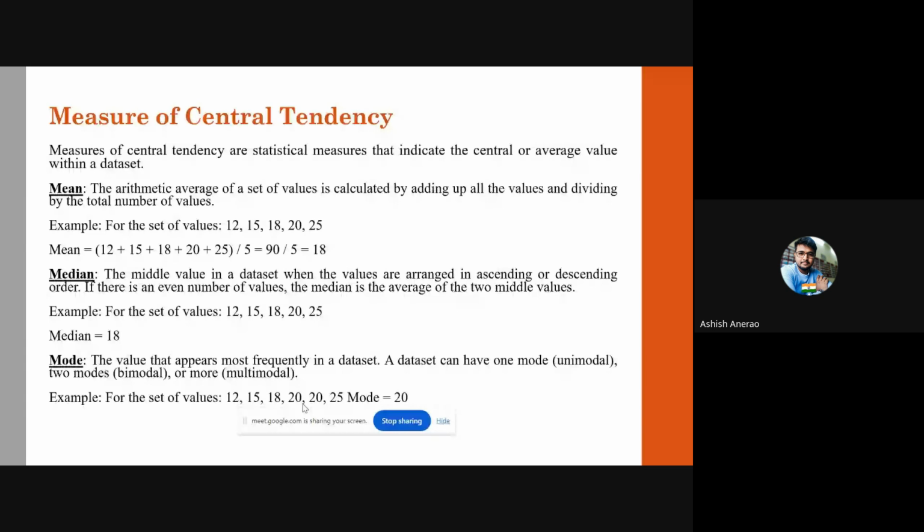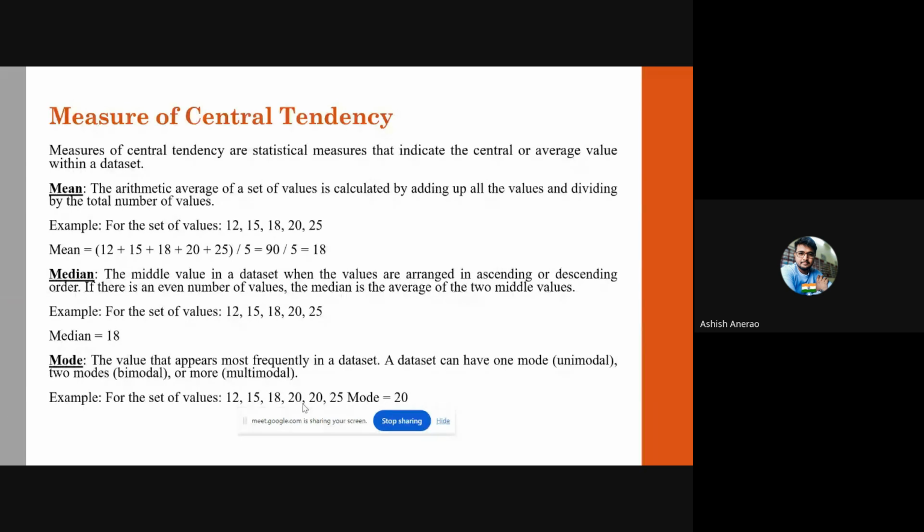See, suppose there is one shopkeeper, and that shopkeeper sells shoes, and generally the shoe size is not present in the form of like 8.5, 8.3, okay. So if a shopkeeper wants to know which shoe size sells maximum on average in a month, what does the shopkeeper do?